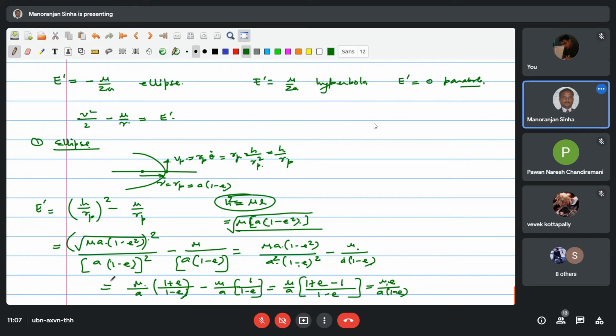Once we simplify here, directly it will give minus mu by 2a. Okay, the factor of 2 we have missed out, so this is 1 by 2 here.